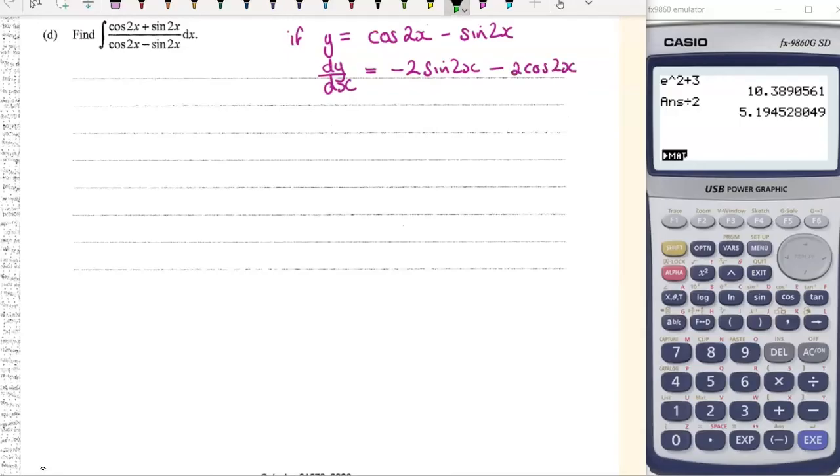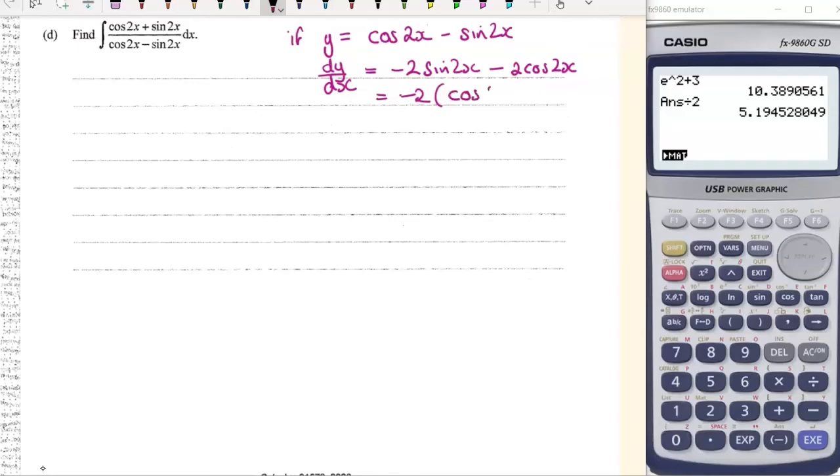Now you can see that this is similar to the numerator, but not quite exactly that. If I was to take this one and integrate it, then I would get the bottom. But we have a multiple of it happening here, rather than it being a direct derivative of it. And the multiple that we have is that minus 2.